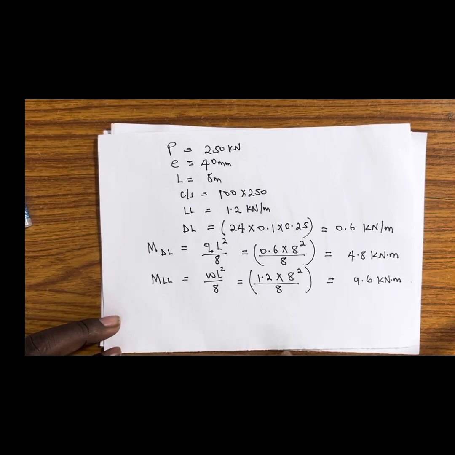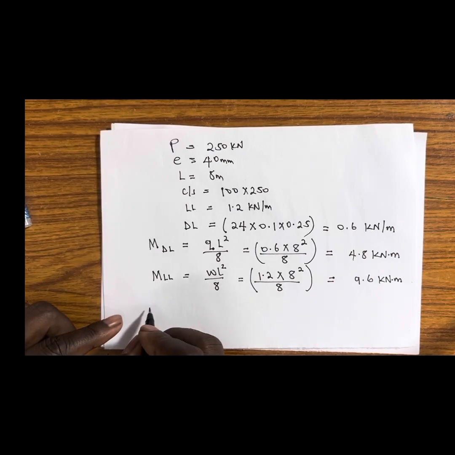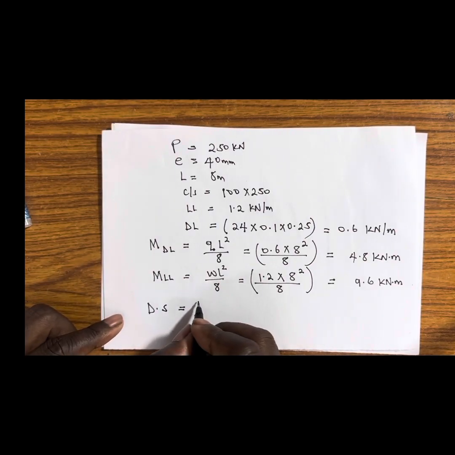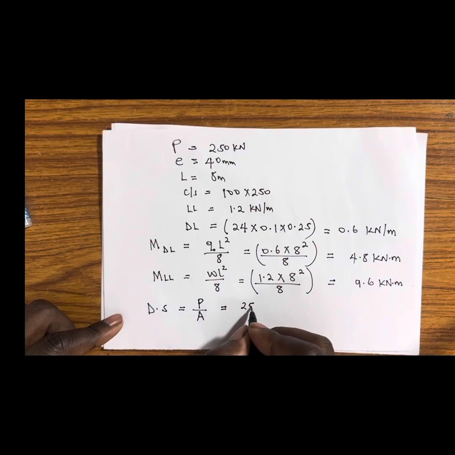Now, at this point, you need to get the stresses that will be developed in this particular beam. The first stress that will come is what we call direct stress. Let me call it DS. To calculate the direct stress, it is just the force divided by the cross-sectional area. So what is our force? 250 kilonewton.